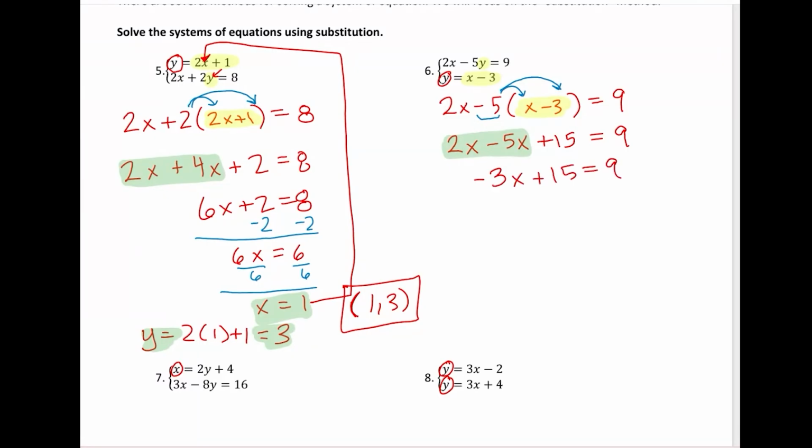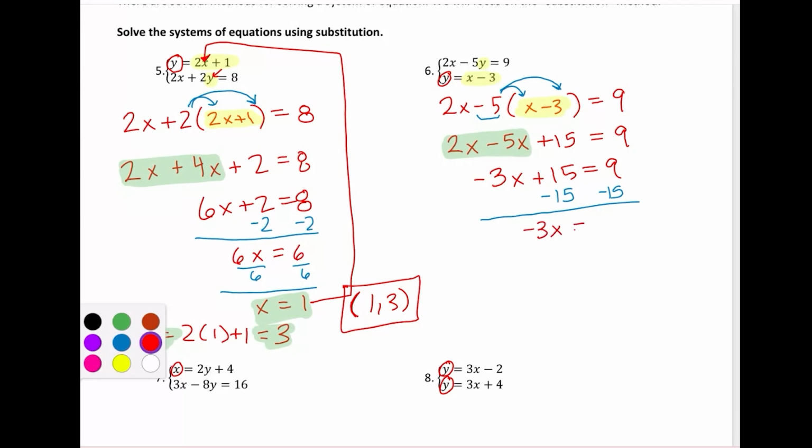And now we've got a little two-step equation there, so we can use our properties of equality. We'll start by subtracting 15 from both sides. And definitely use a calculator, especially when you start throwing in negatives. And so 9 minus 15 is going to be negative 6.